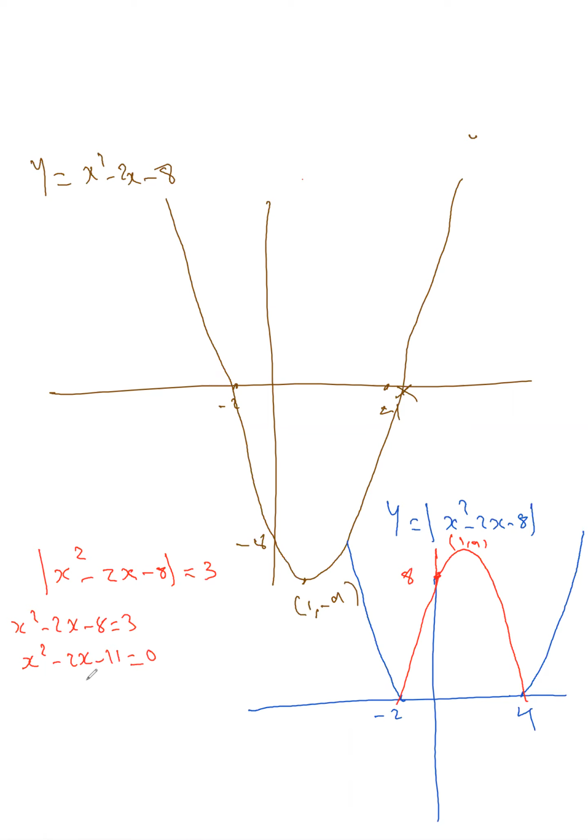Find x by using the formula or mode 5 3. See what x is, and what the other x is, quickly, guys. And here, x squared minus 2x minus 8 equals negative 3, so it will be x squared minus 2x minus 5 equals 0. Find x and x, see what they are, quickly.